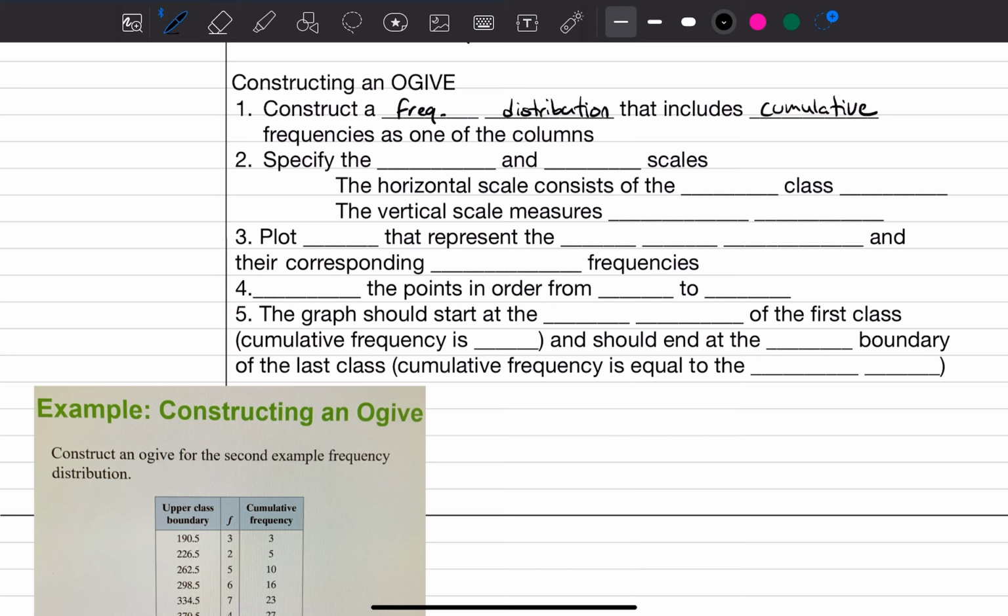Then you're going to specify the horizontal and vertical scales. Okay, very important. The horizontal scales consist of the upper class boundaries, not lower, and not the limits. It has to be the boundaries. And the vertical scale measures the cumulative frequencies.